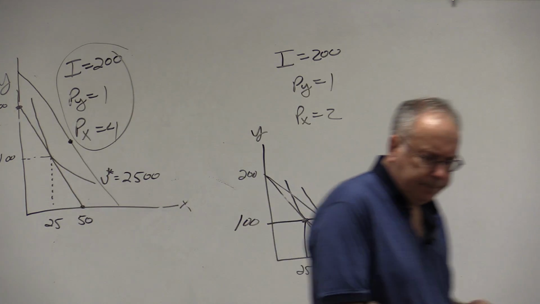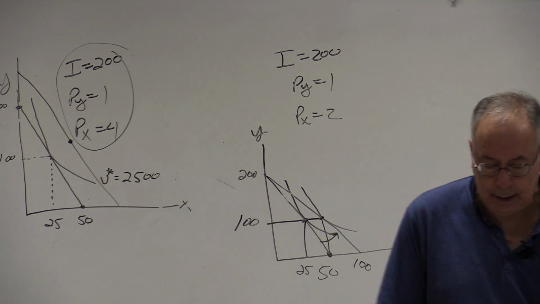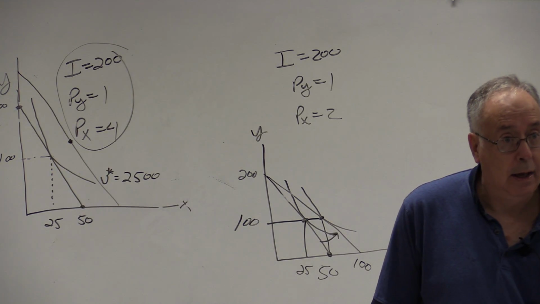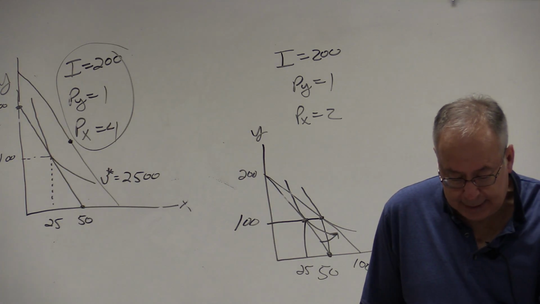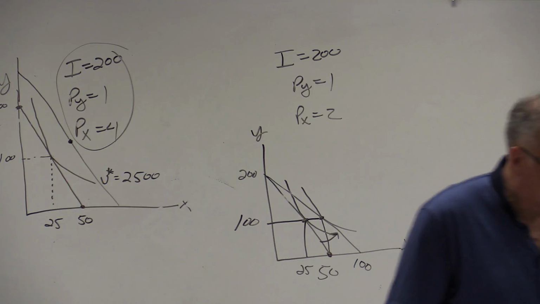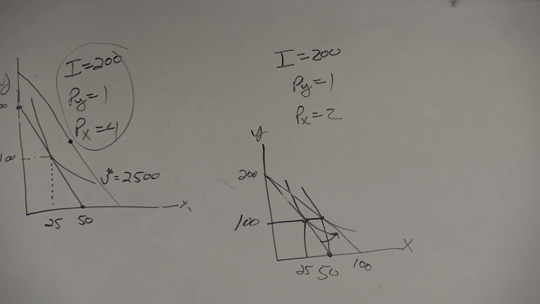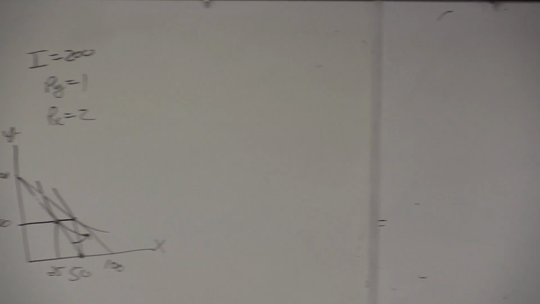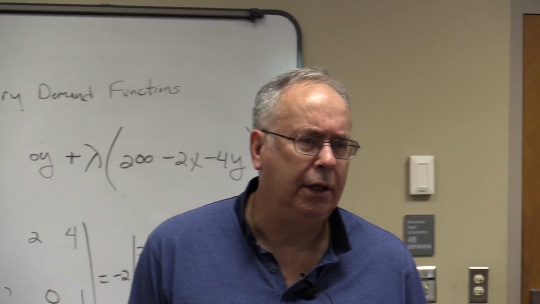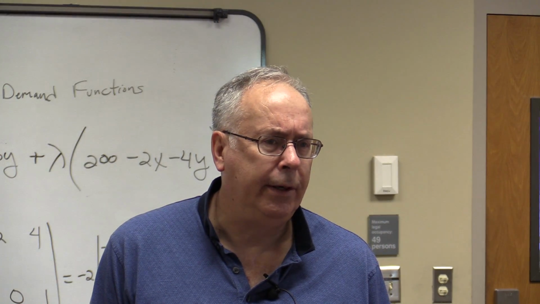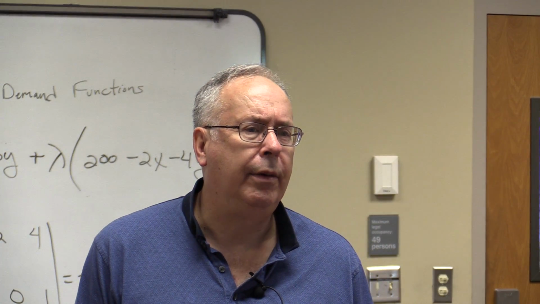Are there examples where the optimizing formula is not at a midpoint on the budget line? Yes, and I'll make sure I illustrate that. I think on your homework problem, it worked out to be on the midpoint too, didn't it? I can't remember.